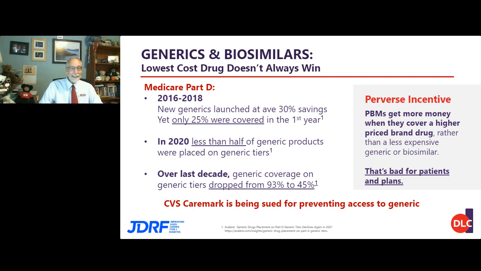They're being blocked out. Less than half of them are on the generic tier of your formulary plan, meaning there is no incentive for your people to take the lower cost drug, because the PBM honestly doesn't want your people to take the lower cost drug because they're taking a piece of that rebate. And that piece to them is quite significant to their bottom line.